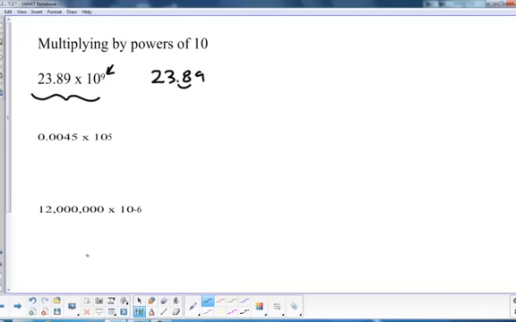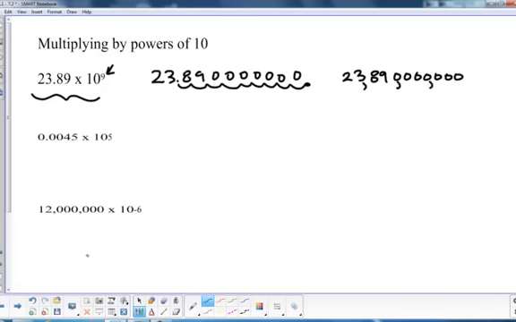We're going to move this 1, 2, 3, 4, 5, 6, 7, 8, 9. 10 to the 9th is a big number, so we're going to be getting an even bigger number. 4, 5, 6, 7 zeros. So our 8, 9 counts for 2 of our spaces, and then we have 7 zeros. So 23 billion, 89 million would be our answer.